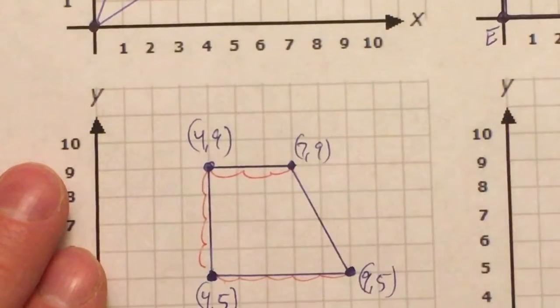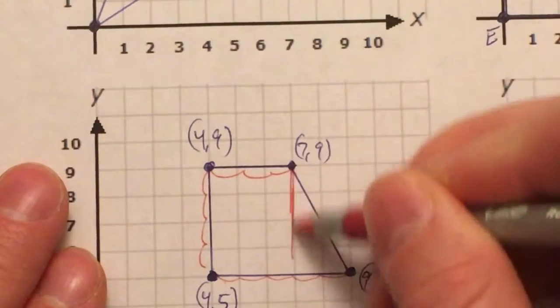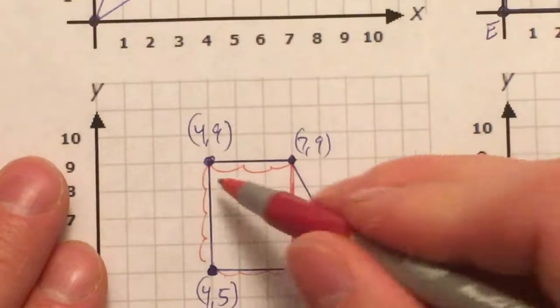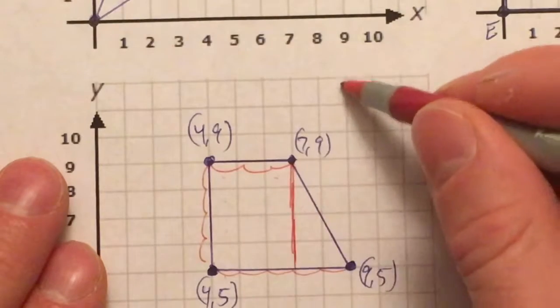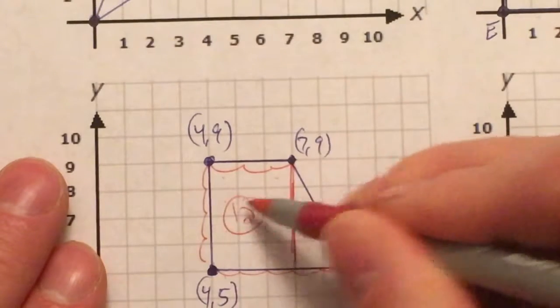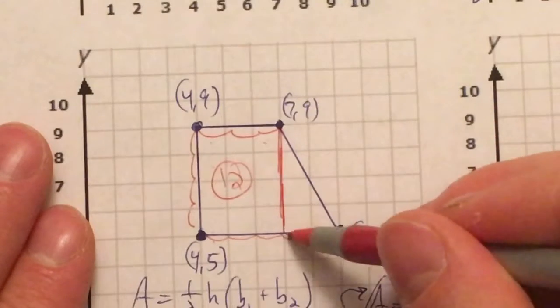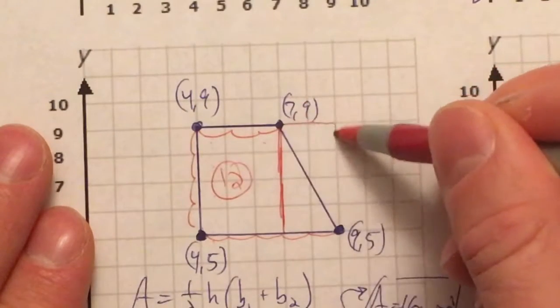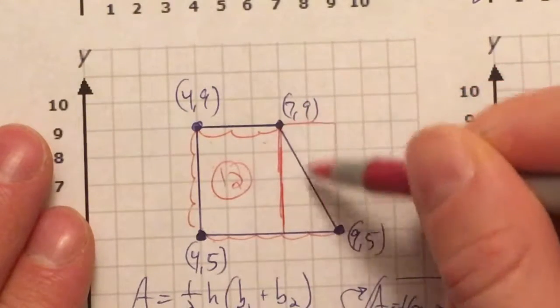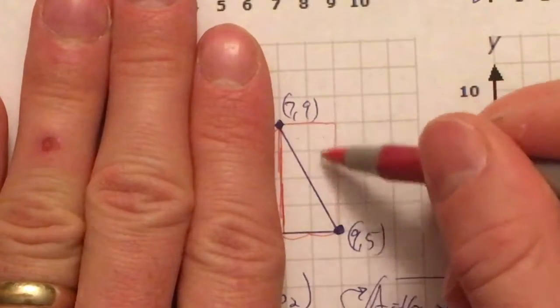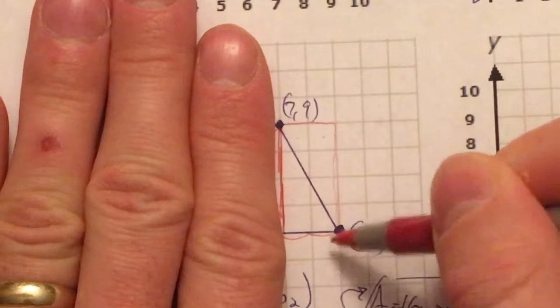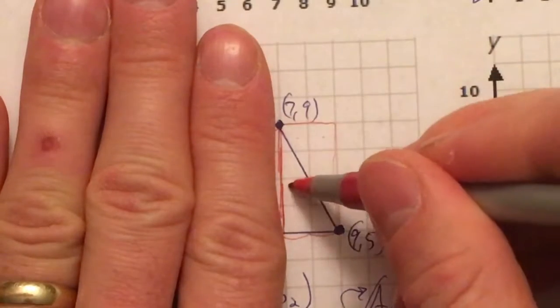Another way to do this would be to chop it into pieces and say, well, this thing is a rectangle, 1, 2, 3 times 1, 2, 3, 4. So this thing has 12 squares inside of it, and this triangle, right, if you treat this triangle as half of this second rectangle, this rectangle would be 1, 2, 3, 4, 5, 6, 7, 8, but the triangle cuts it in half.